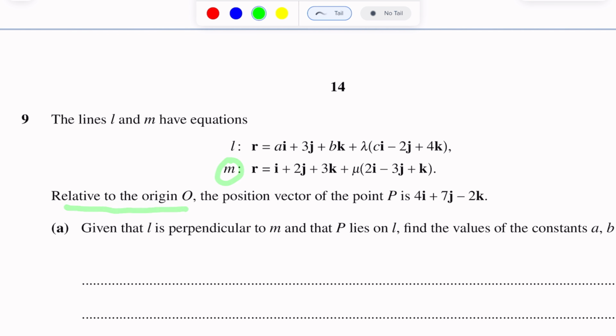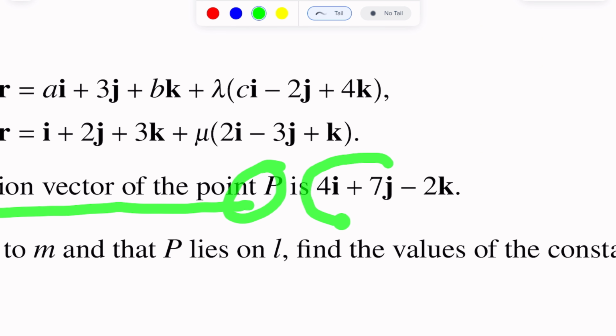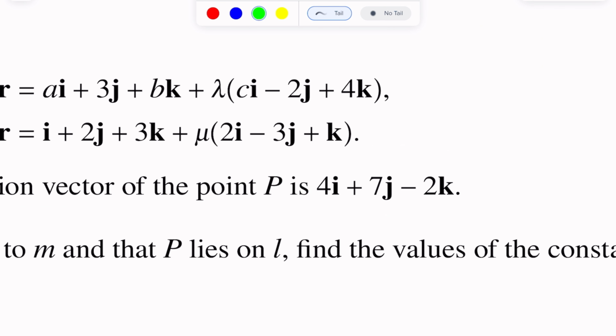Relative to the origin, the position vector of the point P is 4i + 7j − 2k.